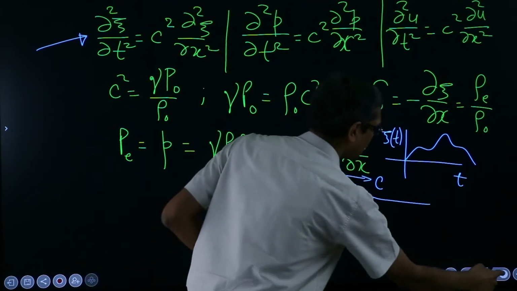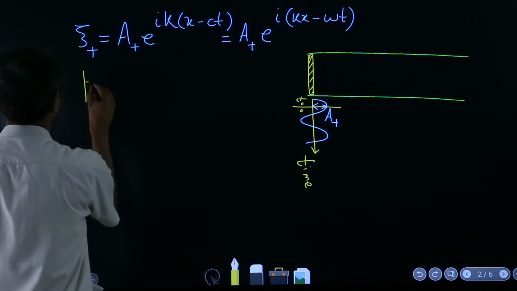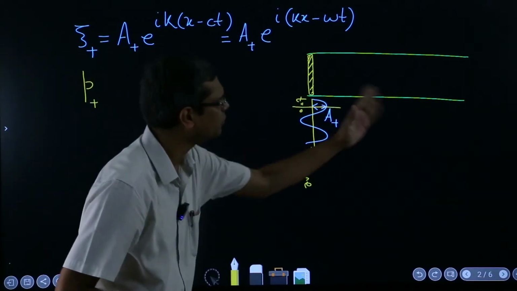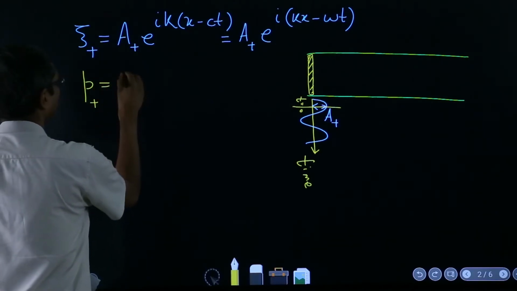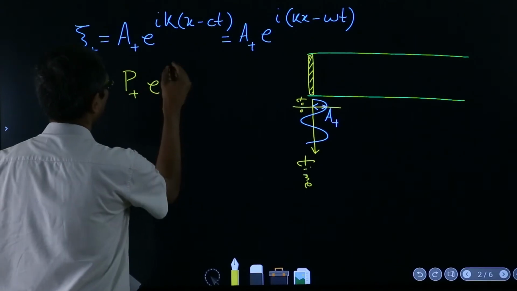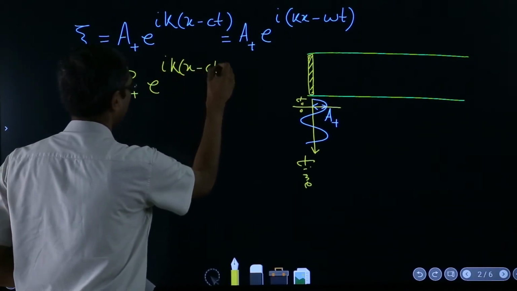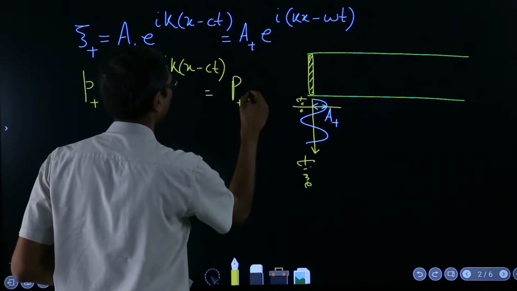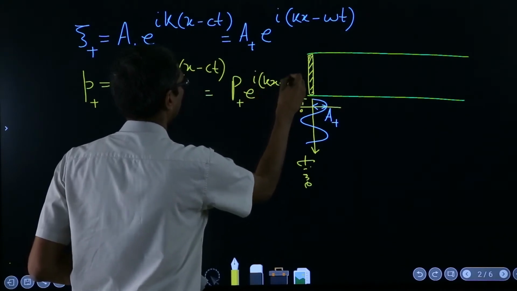So we can just say that the pressure plus, I am again writing because this is the pressure field which is moving in the positive x direction, suppose that is equal to some p plus amplitude e raised to i k x minus ct, which you can also write in this form, whatever is comfortable to you, i k x minus omega t.